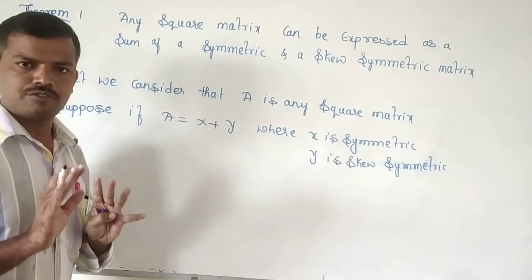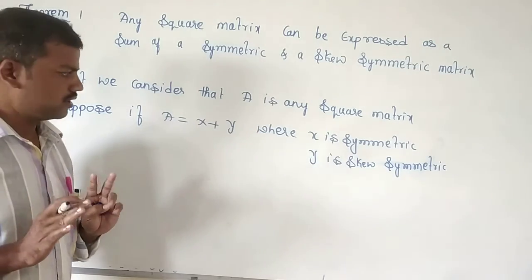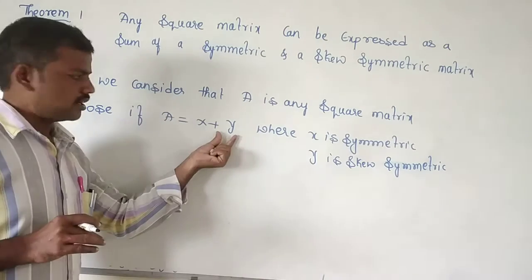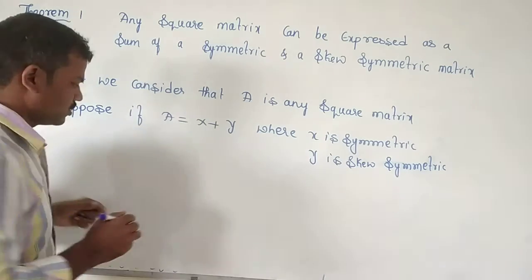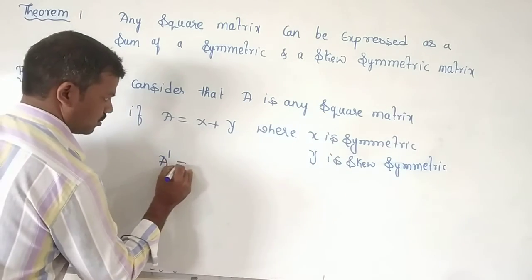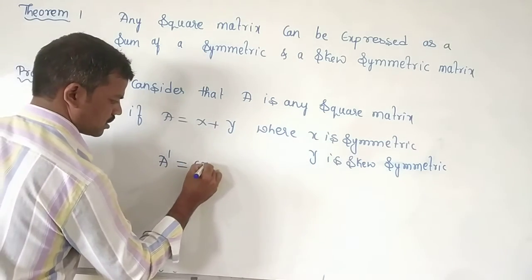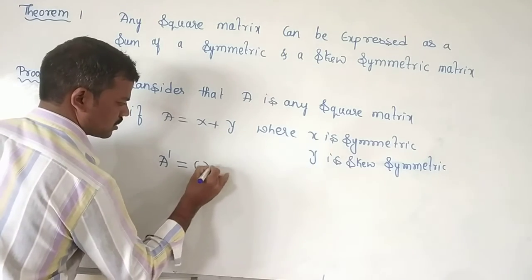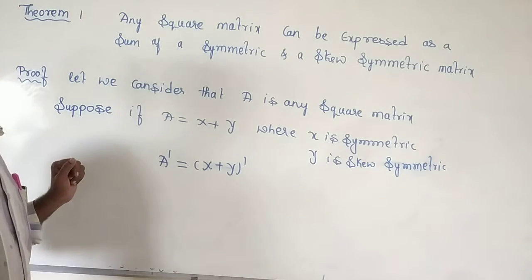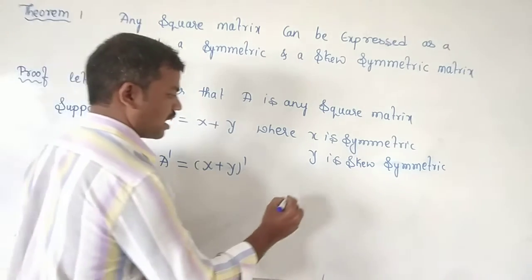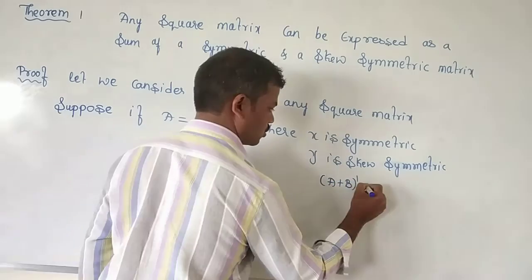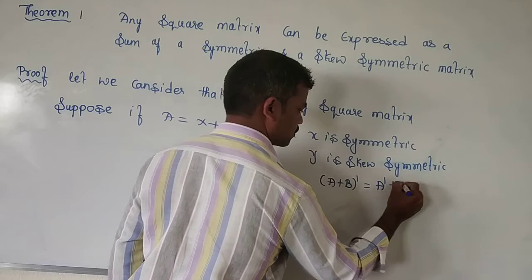Then only can we confirm that they are unique. Again, A is equal to X plus Y. Let me find the transpose of this. A transpose is equal to X plus Y whole transpose. We know the property of the transpose: A plus B transpose is equal to A transpose plus B transpose.